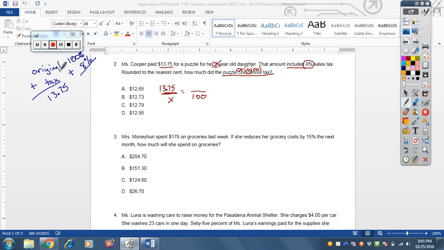So how much is the original plus the tax? How many percent is that? That's 108%. 108% is equal to $13.75. You are solving for this X down here.